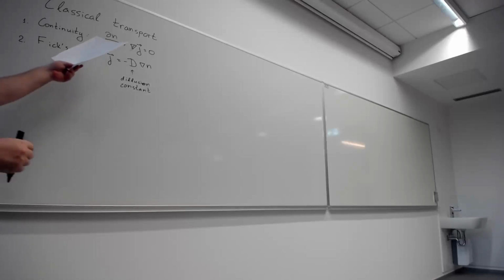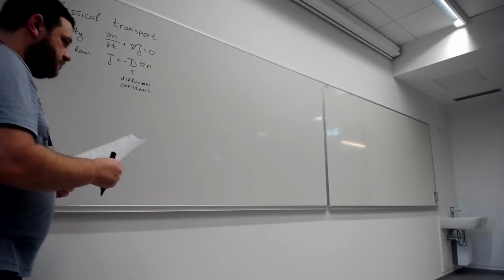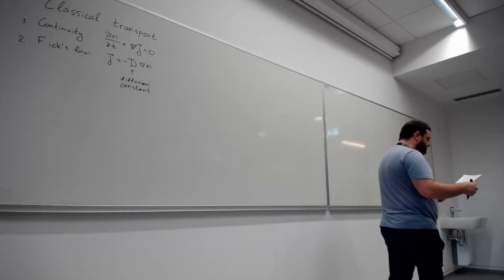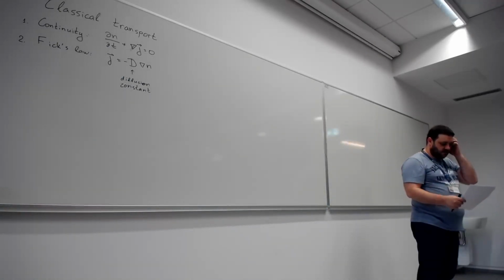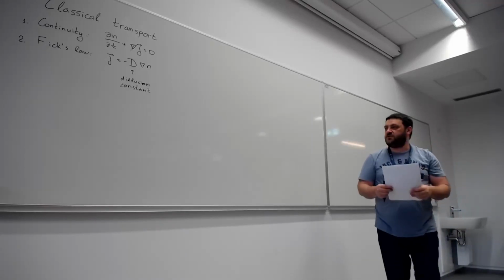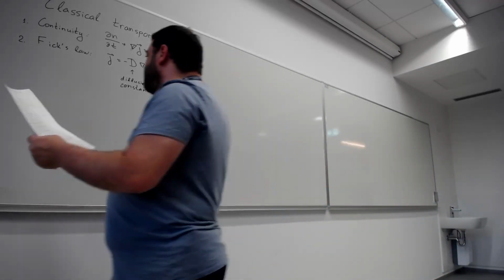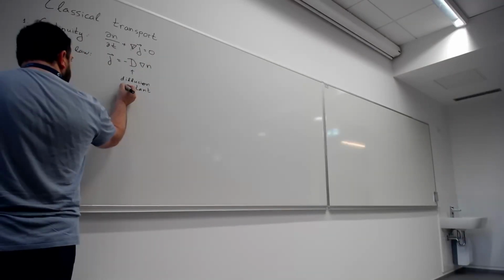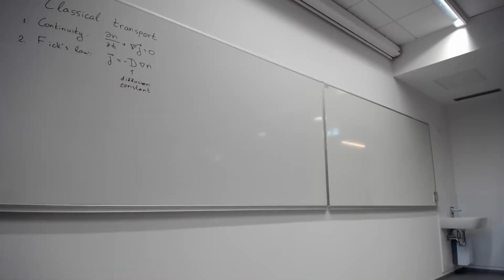Okay, so these two equations, as I said, we will apply them to metals, to electrons in metals, and I have to say a few words about what a metal is in general. Just imagine you have free electrons that are not confined anywhere.